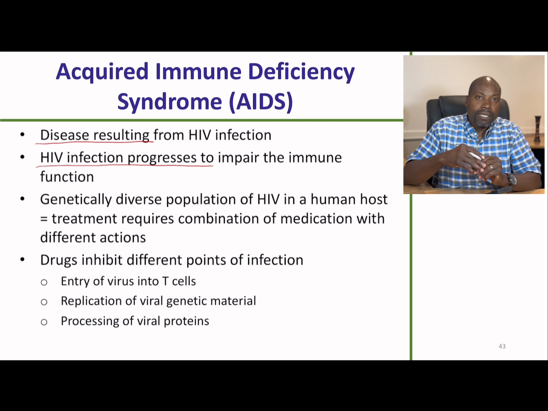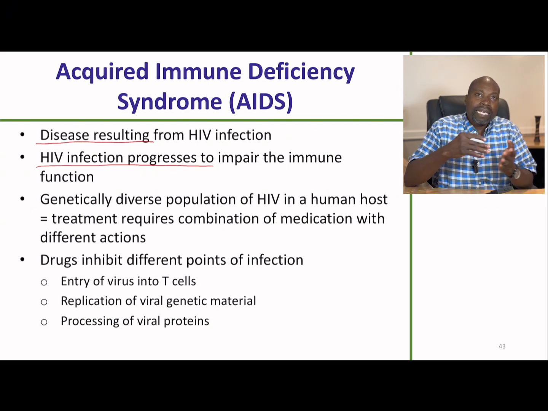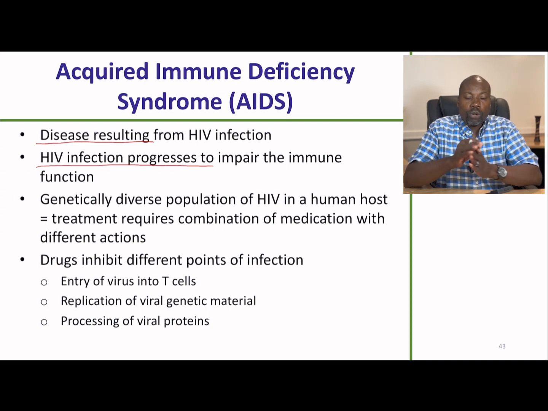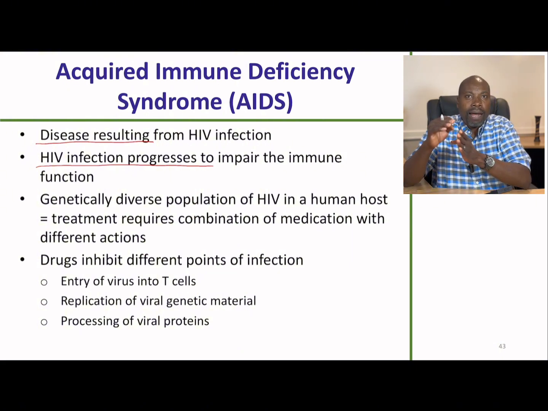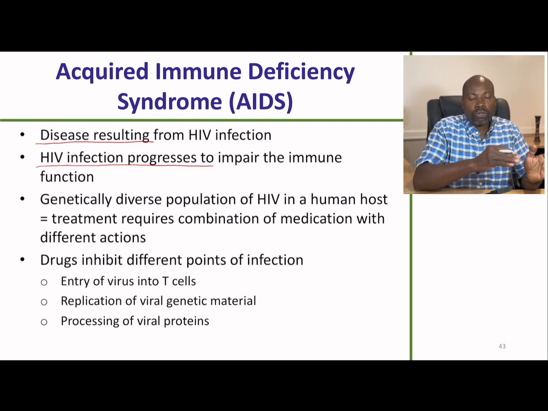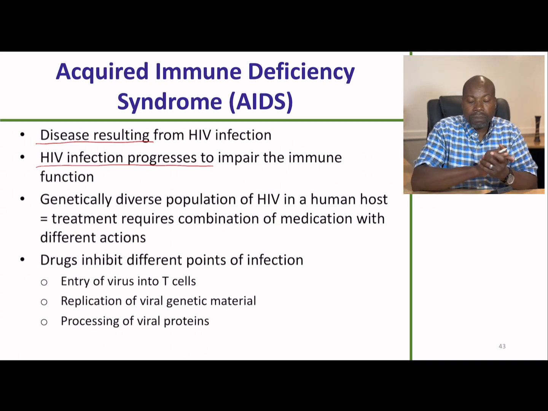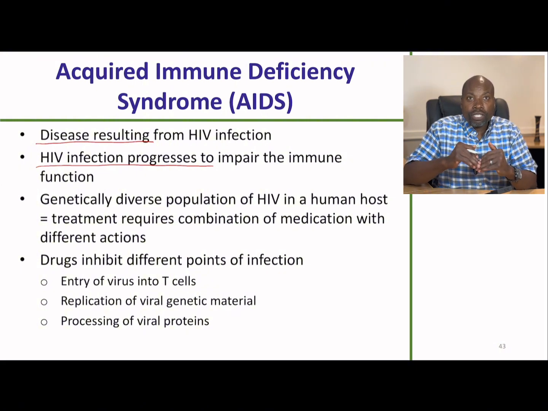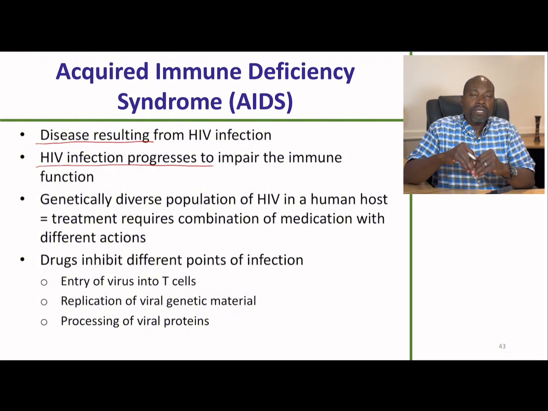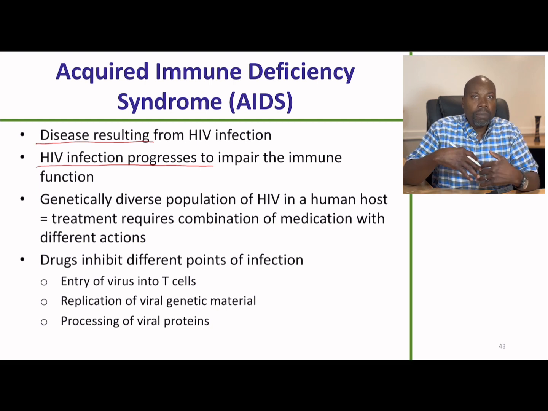They can prevent the replication of the virus by interfering with the reverse transcriptase, so that the reverse transcriptase is not able to convert the viral RNA into the complementary strand of DNA. That's a possibility. Another possibility is to prevent the insertion of the viral DNA into our chromosomes. That's another possibility.